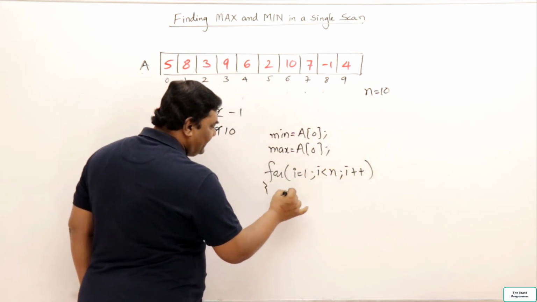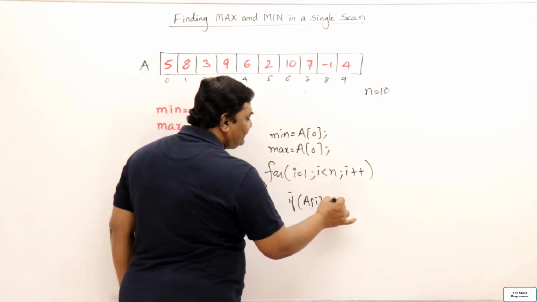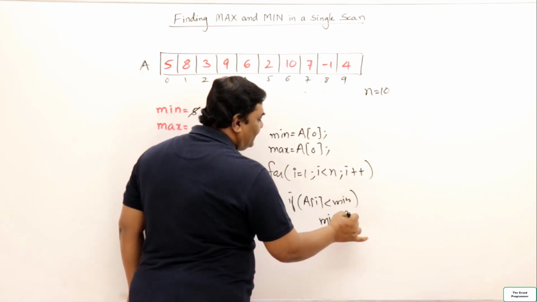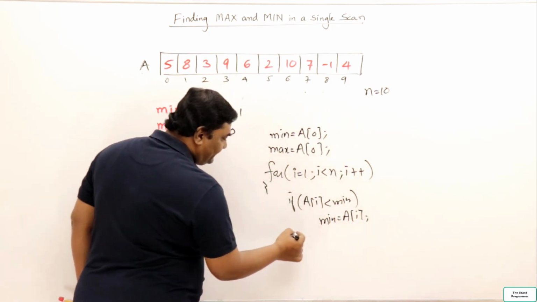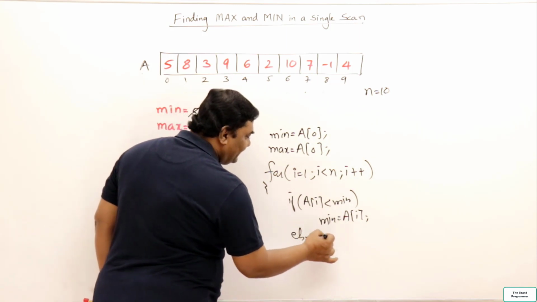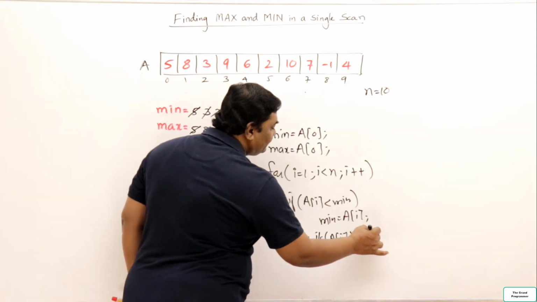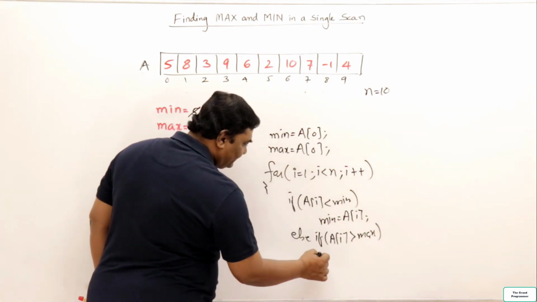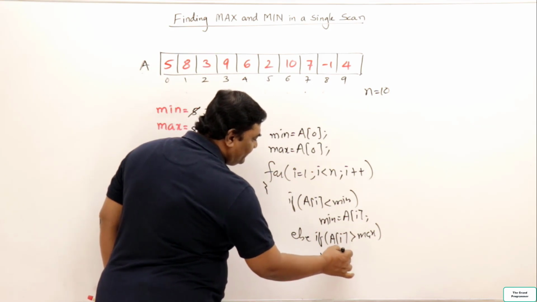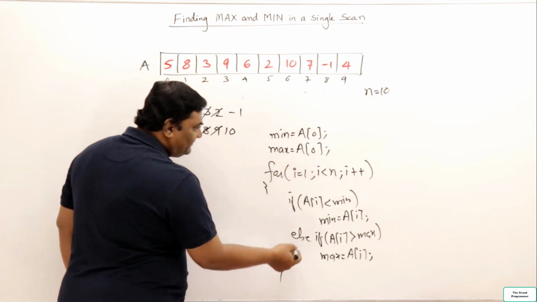So what I have to do every time is check if the element a of I is less than minimum, then modify min with a of I. Else, if the element is not less, then check if the element is greater than max. If it is greater than max, then change max to a of I. That's all. This is the procedure.